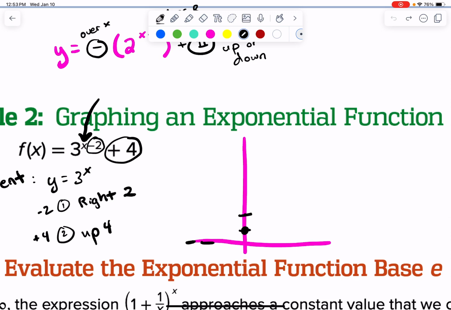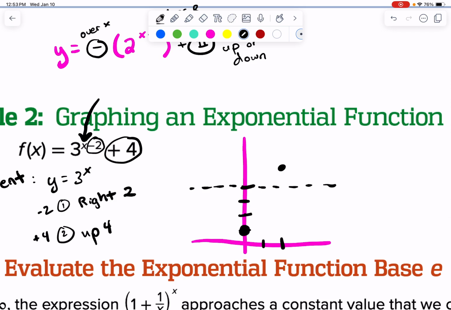But if I move him to the right 2, 1, 2, that means my dot of intersection is going to go to that spot, and I have a horizontal asymptote there. But also, if I move him up 4, 1, 2, 3, 4, now my horizontal asymptote's not here, it's here at 4, and my dot is going to be there where he intersects.